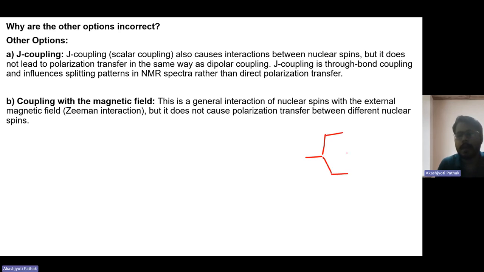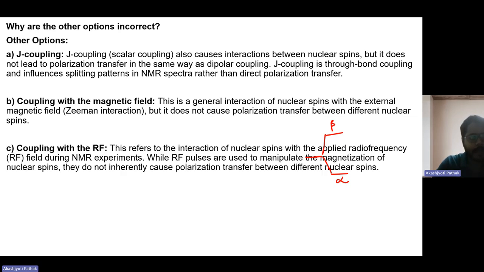One is the higher energy spin state, beta, and the other is the lower energy spin state, alpha. This splitting is because of Zeeman interaction, but it does not cause polarization transfer between different nuclear spins. So it is completely different from polarization transfer or the NOE effect.